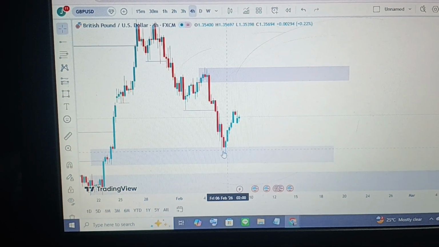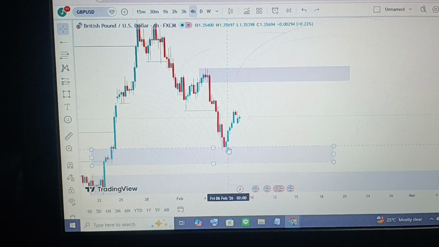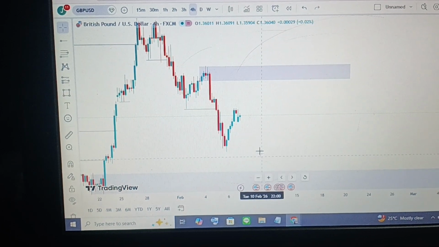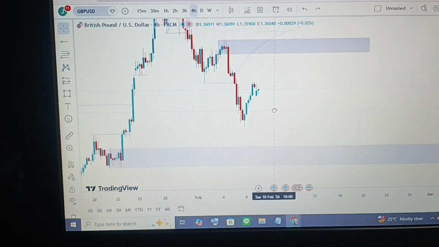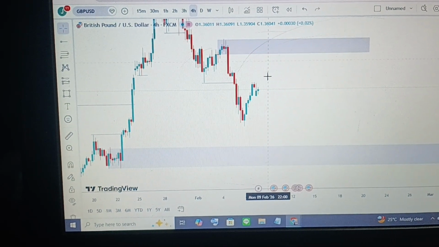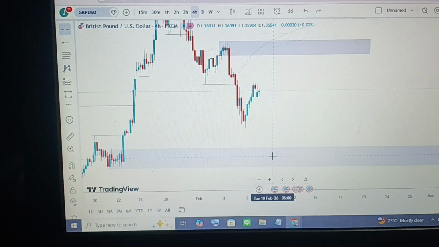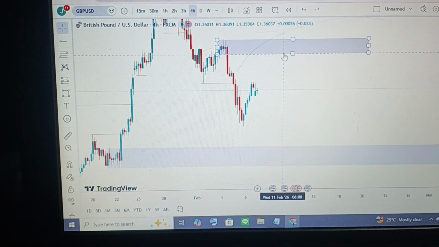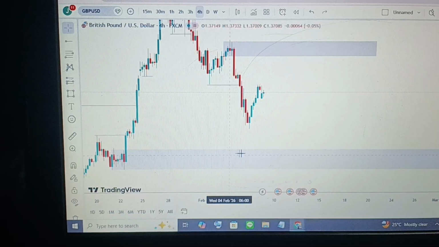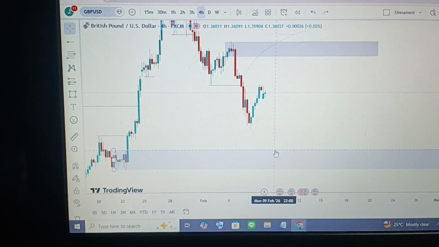Since this level is already mitigated, I would love to take it from here, so that our major focus should be on this level, this and this. So either go for confirmation here towards the downside, or you wait for price action to this level.